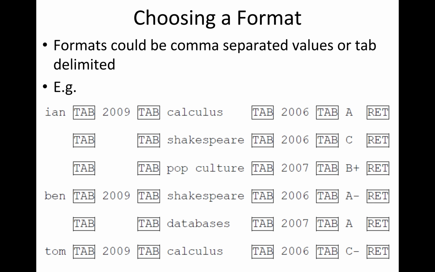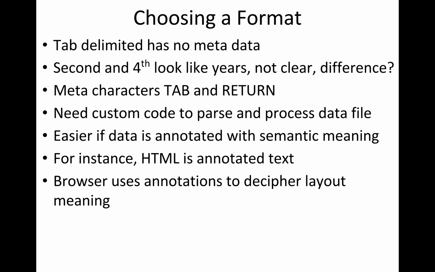The actual format is somewhat arbitrary, depending on how we choose to represent it. It could be comma separated values in a CSV file, or it could be represented by different tabs, and that's how we represent the different columns. It's fairly arbitrary how we choose to.